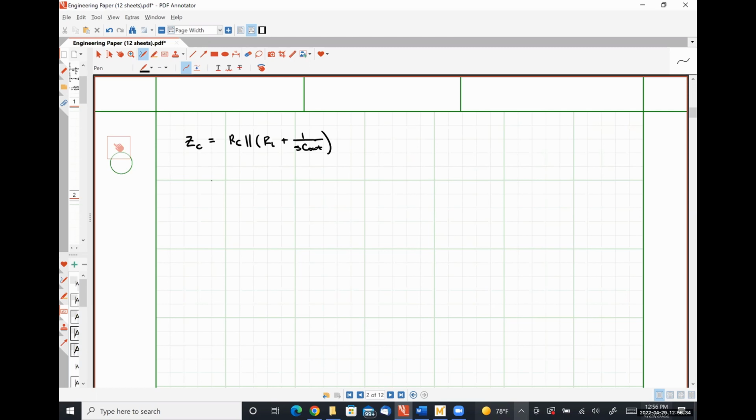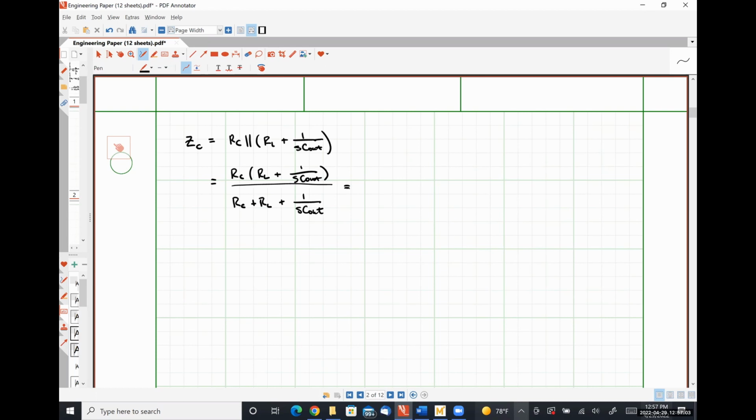So this is going to look like RC times (RL plus 1 over SCout) divided by RC plus RL plus 1 over SCout.